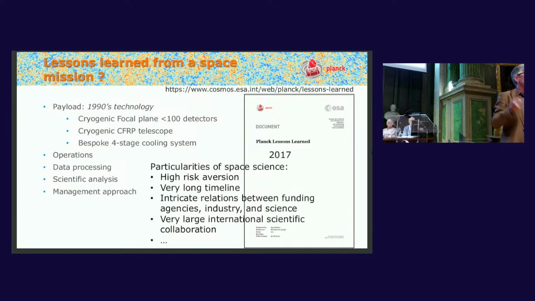Right? Every detector on Planck had a name and a surname. They were treated like babies, each one of them. Right? Now you have instruments that have thousands or tens of thousands of detectors. And it requires a different kind of switch in your brain to process them and treat them. And so we have to keep that in mind.